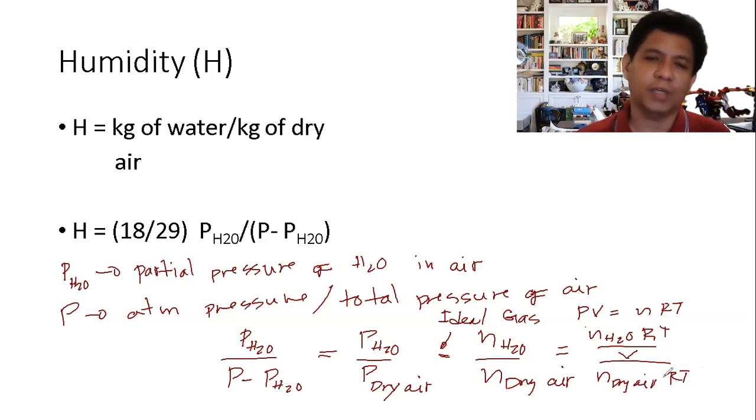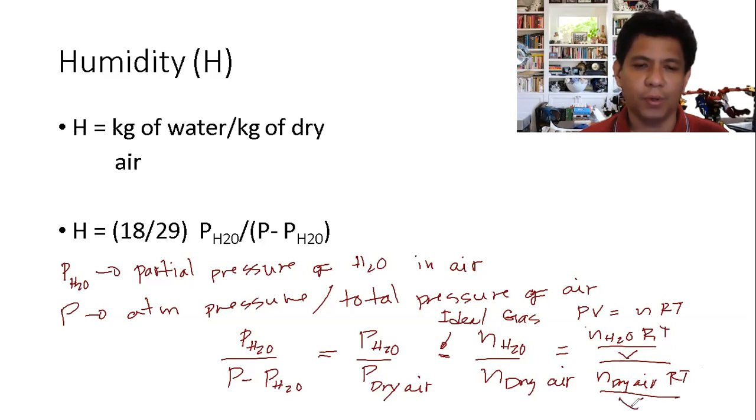They are in the same container, so they have the same temperature and the same volume. As you can see, all the other variables will cancel out. So if your system is an ideal gas, NH2O divided by N dry air is the same as pH2O divided by P dry air.